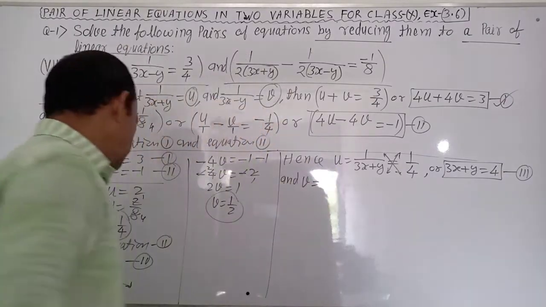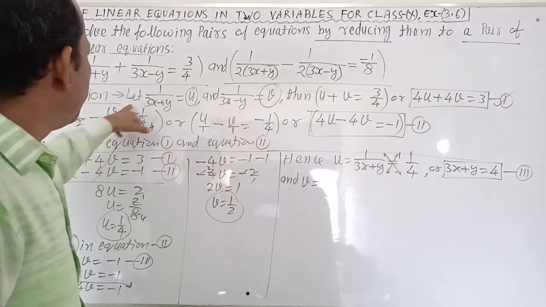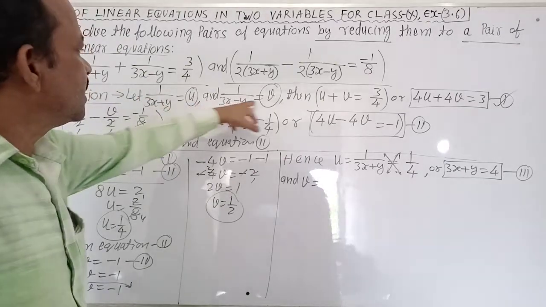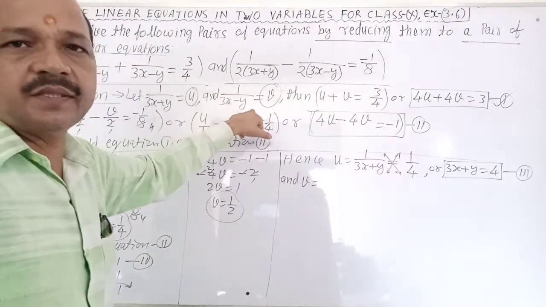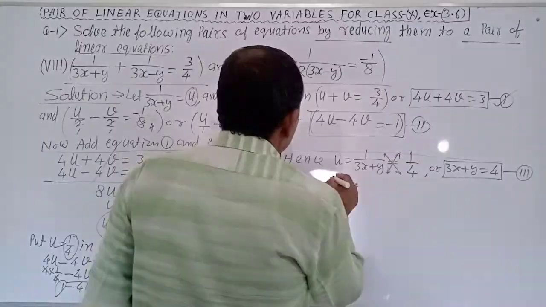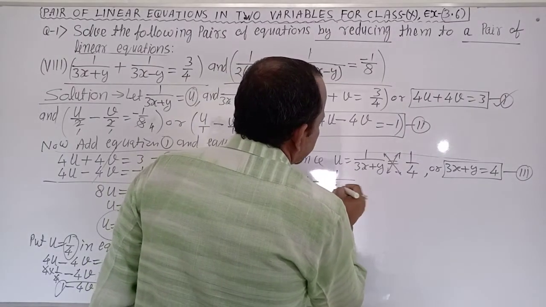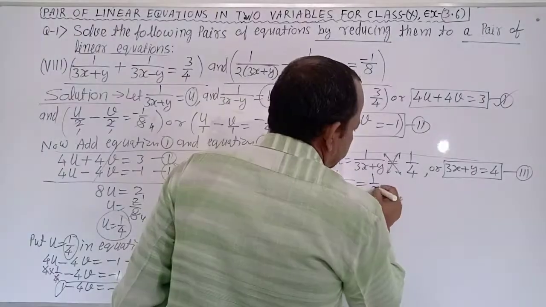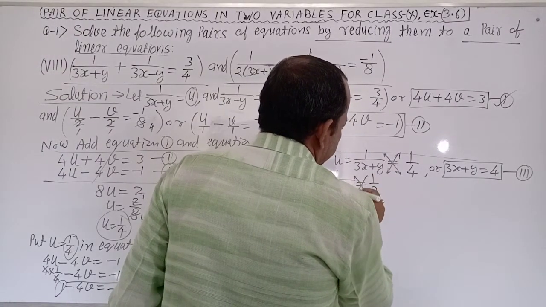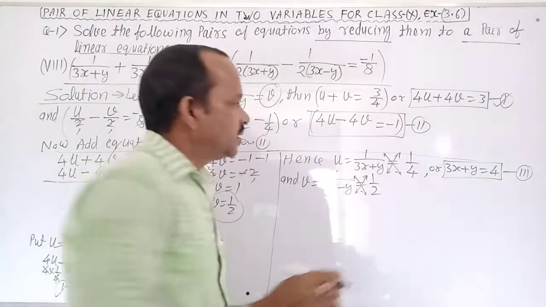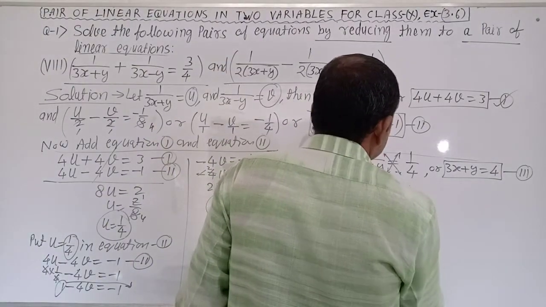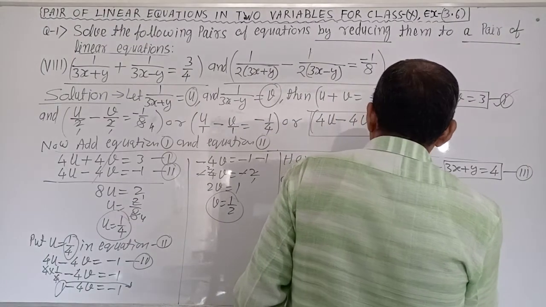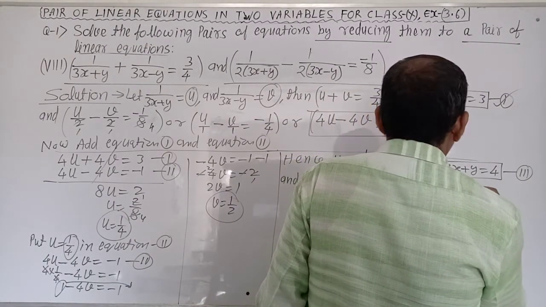And v equal to 1 by 3x minus y equal to 1 by 2. Cross multiply, it becomes 3x minus y equal to 2.